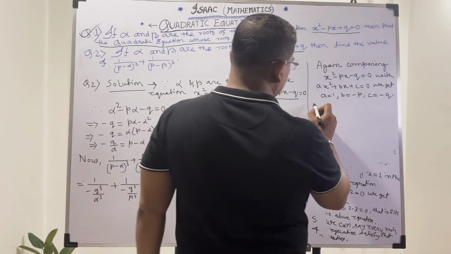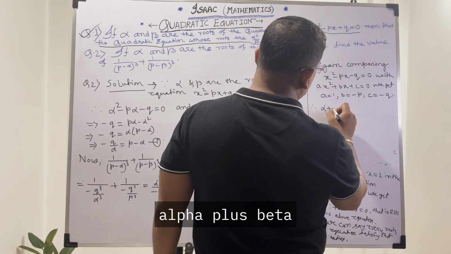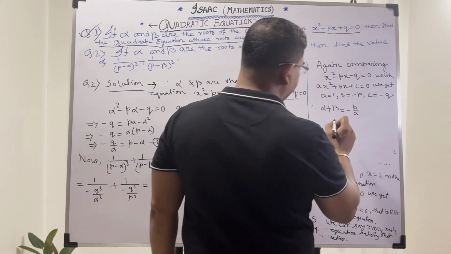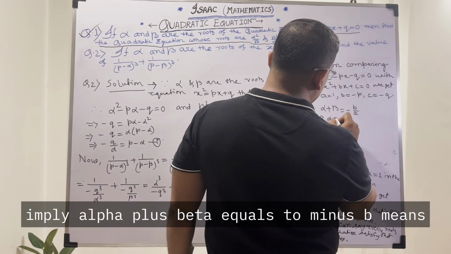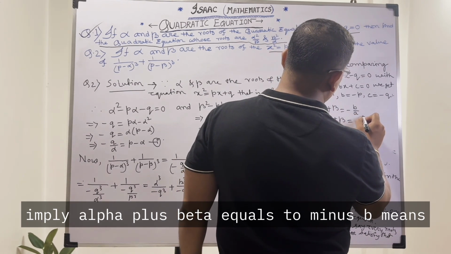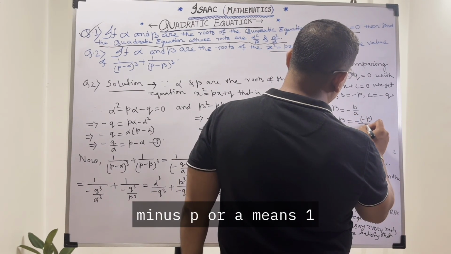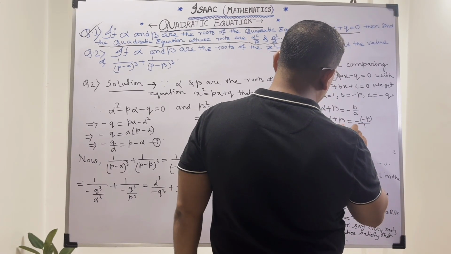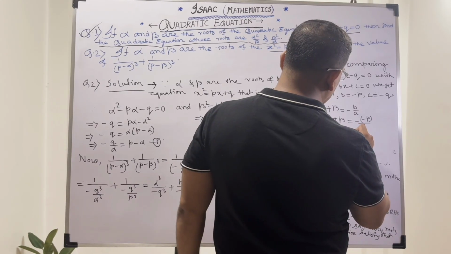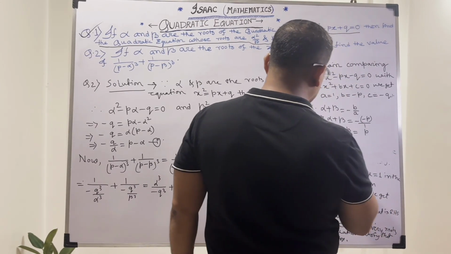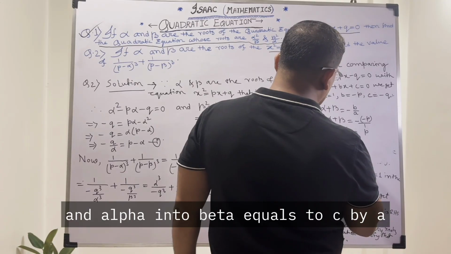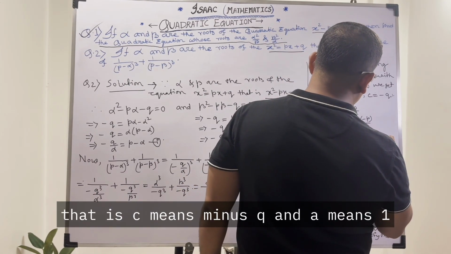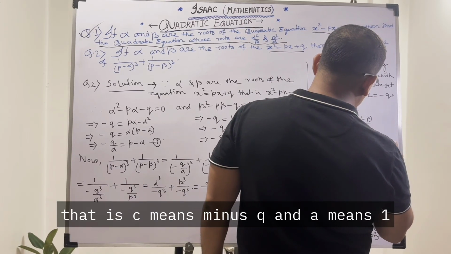Therefore, alpha plus beta, that is sum of the roots, equals minus b by a. This implies alpha plus beta equals minus b, means minus p, or a means 1. So this implies alpha plus beta equals p, and alpha into beta equals c by a, that is c means minus q and a means 1.